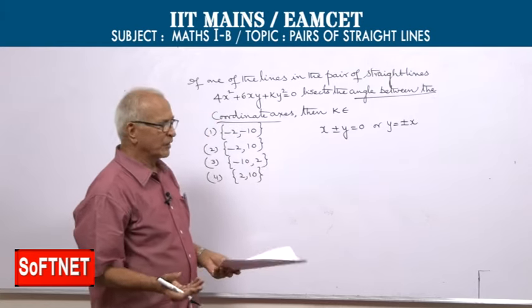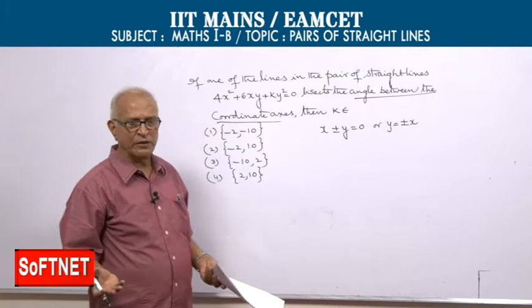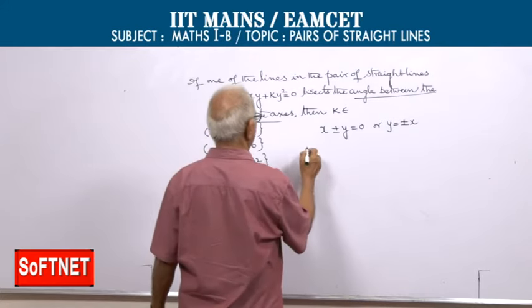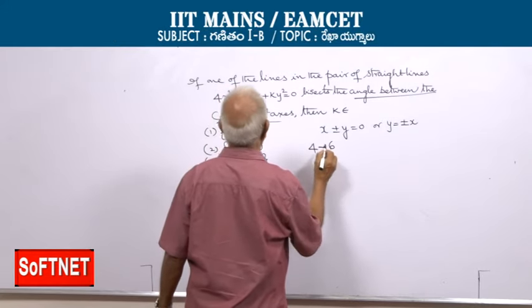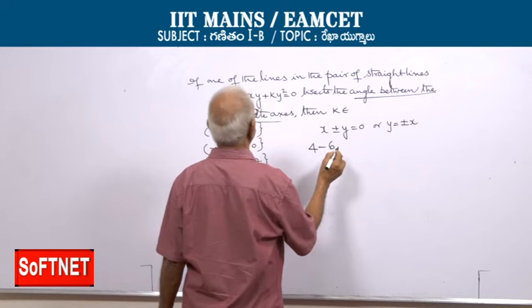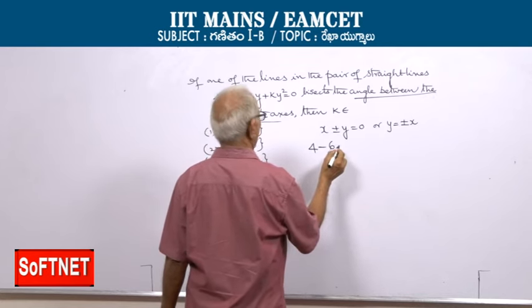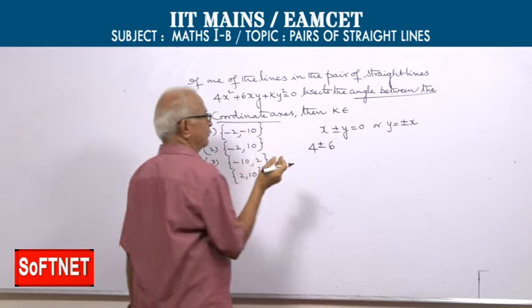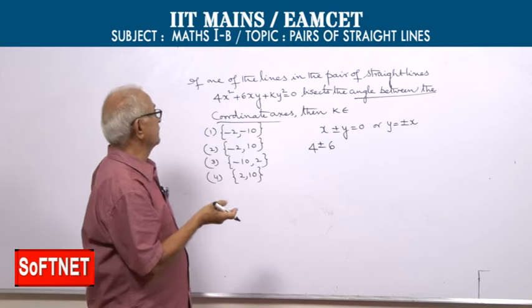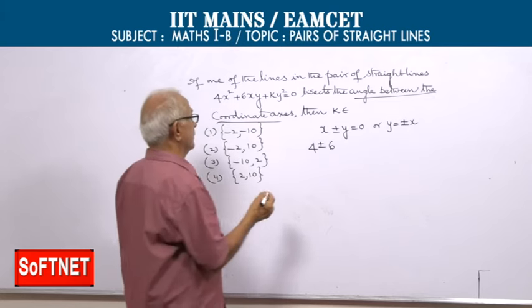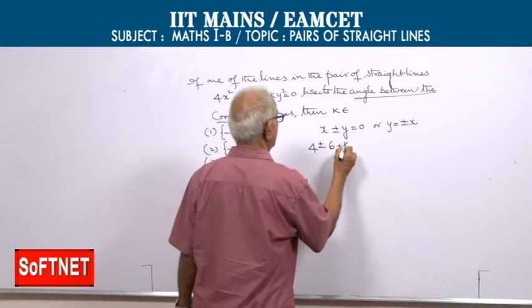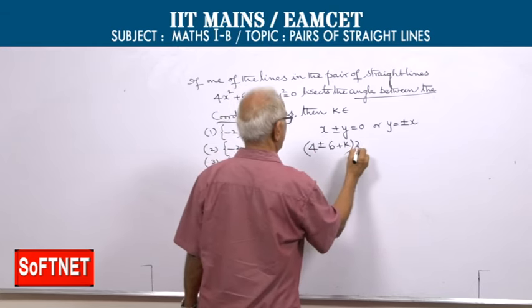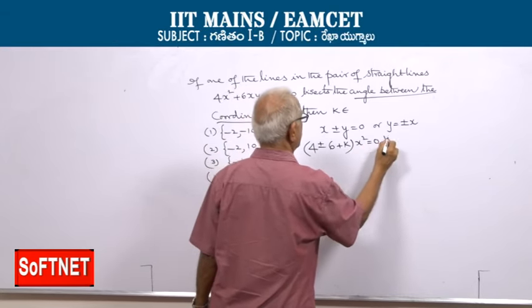So regardless of whether it is y equal to plus x or y equal to minus x, when you replace y in this equation, you get 4 minus 6 plus or minus 6, because when you take y equal to plus x it is plus 6, and y equal to minus x it is minus 6, plus k into x square equal to 0 for all x.